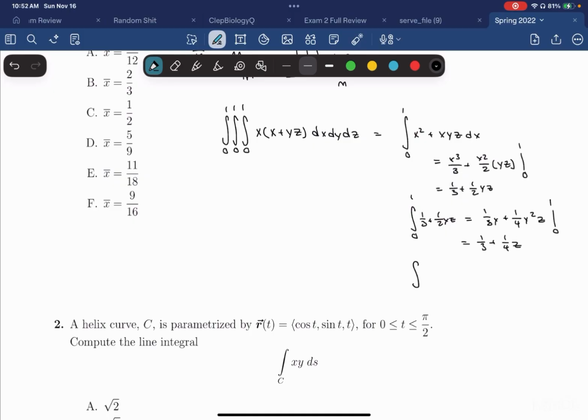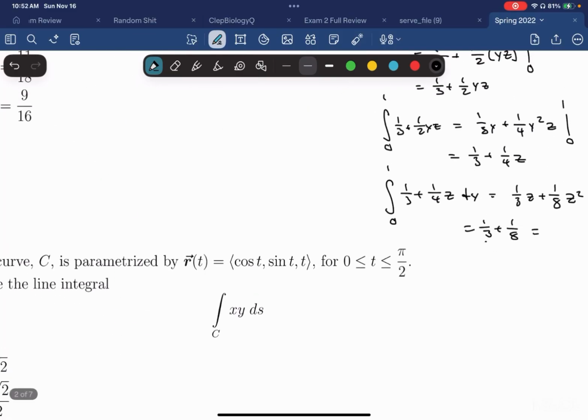So the last thing is the integral of 1/3 plus 1/4 z dz, which gets you 1/3 z plus, in this case, 1/8 z squared from 0 to 1, which will get you 1/3 plus 1/8. I believe I can simplify this to 8/24 plus 3/24, which gets you 11/24, which is your moment at yz.